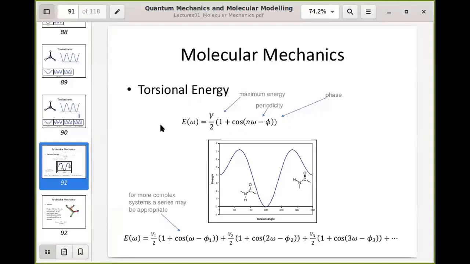So if you remember that this here is the form for torsional energy, but that you might have to add many of these terms together, that is sufficient. But I'm certainly not in this course going to ask you to apply the torsional energy term to any molecule.